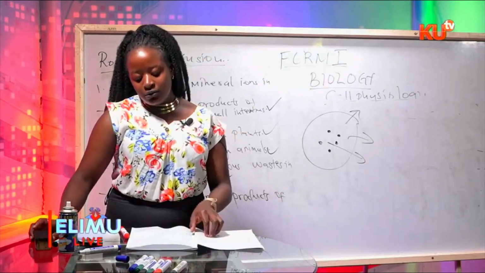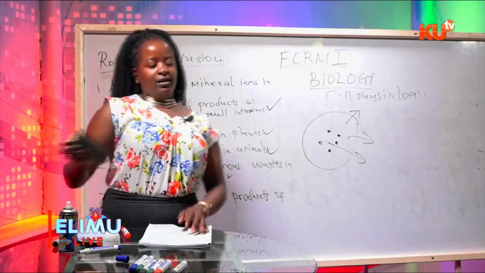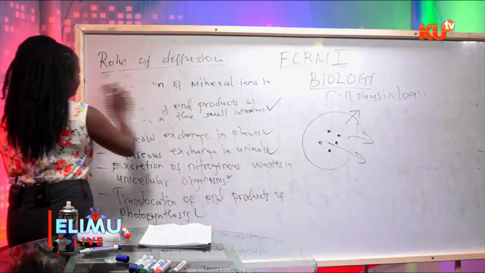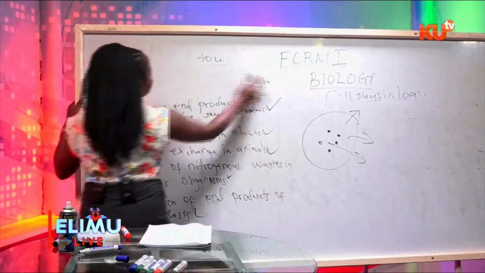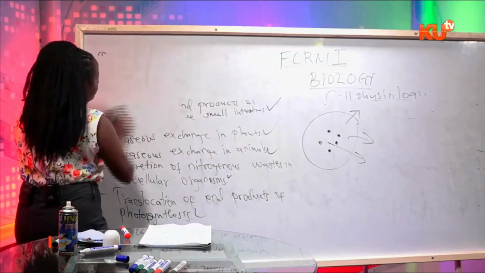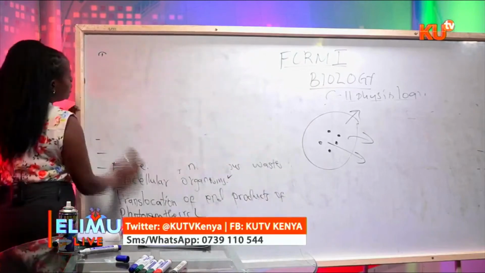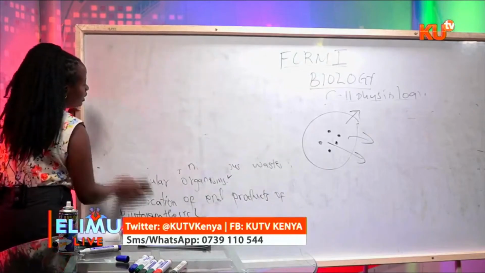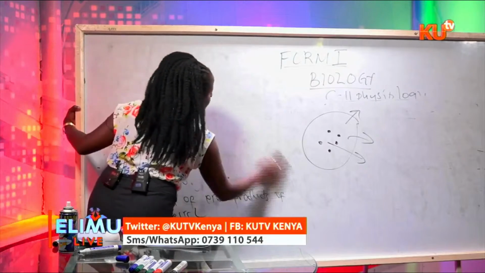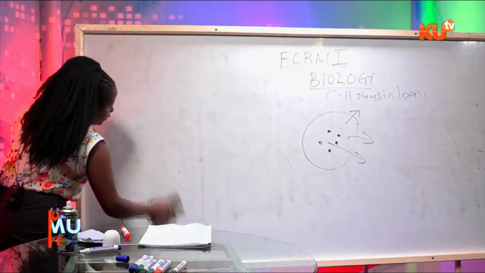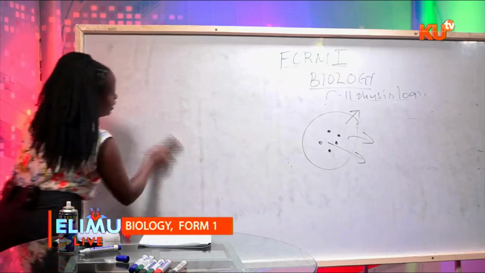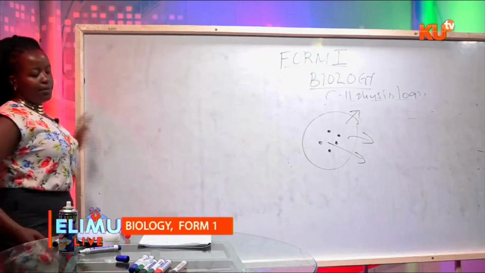So I'm going to leave you an assignment. You can tackle this assignment, and it will help gauge how much you've understood from this topic, a very simple topic which has been tested even in the main exam. So the following questions I'm going to write on the board are from the main exam.